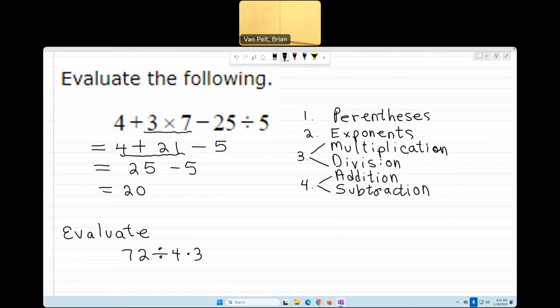I have tried to fix this picture so it's something that will work. It goes like this. You see what I did? That's an M and a D. That's an A and an S. This way you can't possibly pick one to be more important than the other one.